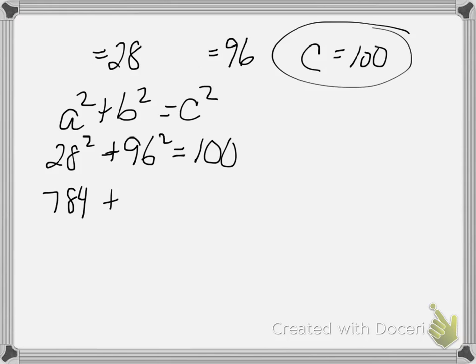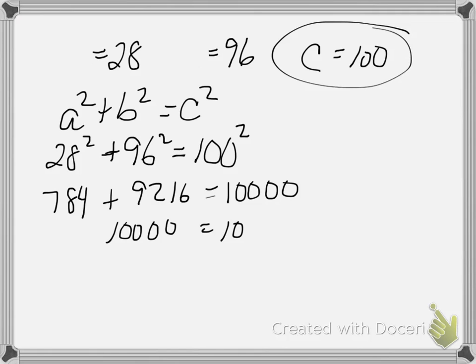And 96 squared is 9,216, and then 100 squared. And then you can add it together, and you could say yes, it's a right triangle.